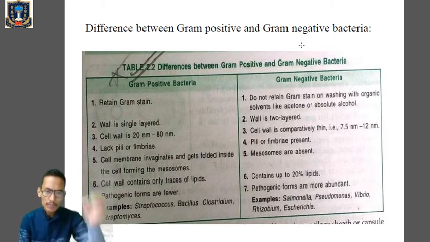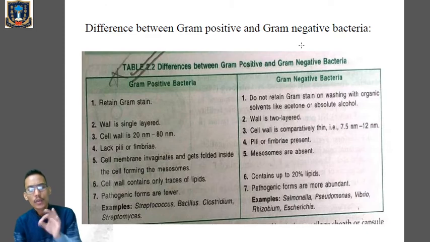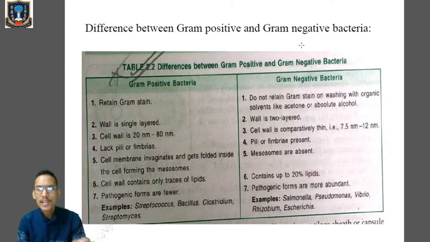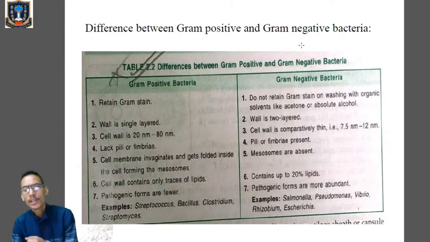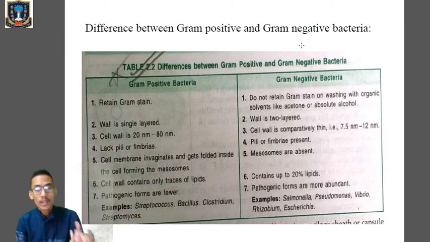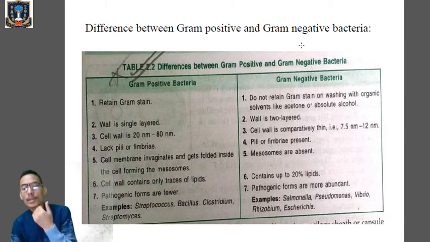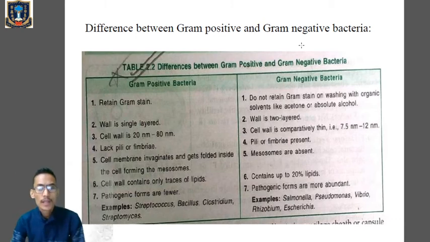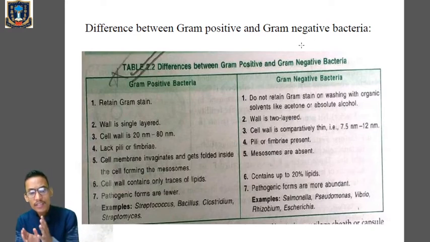Point number 3: the cell wall in gram-positive bacteria is 20 to 80 nanometers, whereas in gram-negative it is 7.5 to 12 nanometers. Gram-positive bacteria lack pili or fimbriae, whereas in gram-negative both are present.